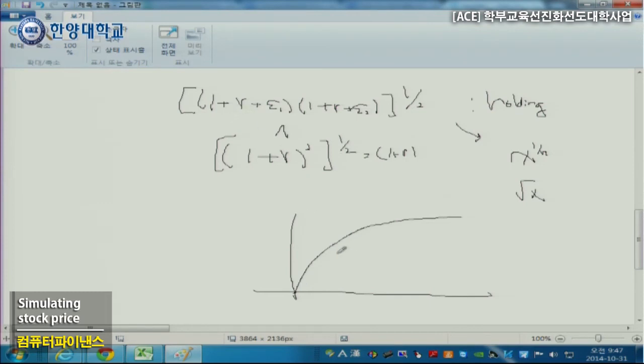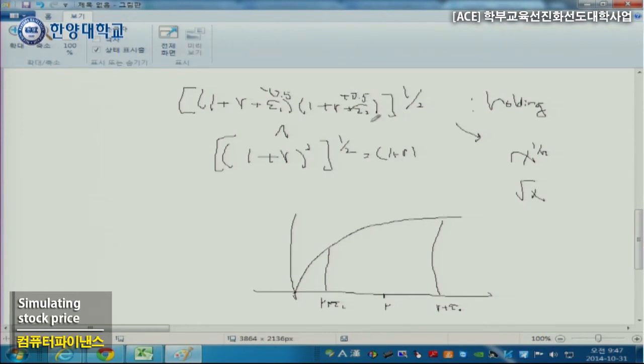So let's say this one is R plus epsilon 1, and this is R plus epsilon 2, and let's say this is R. Let's say epsilon is minus 0.5, and let's say this one is plus 0.5.